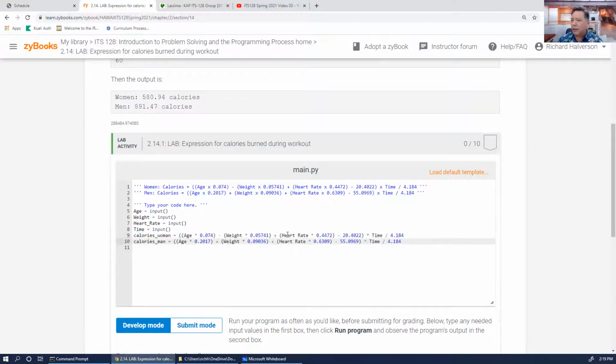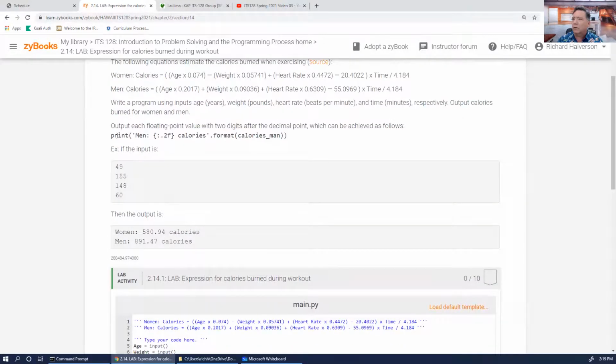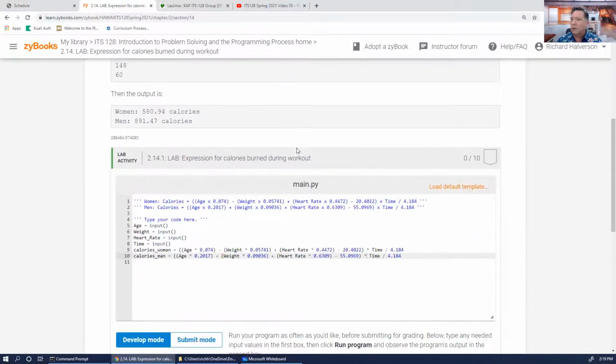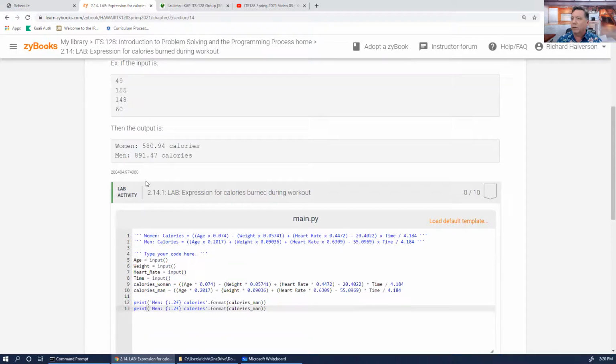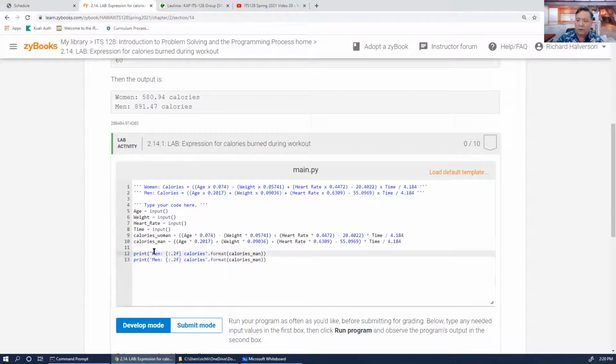Okay, so I got that, and then I want to print this. That and that, and which one do I do first? Women first. And this is going to be calories woman and calories man.